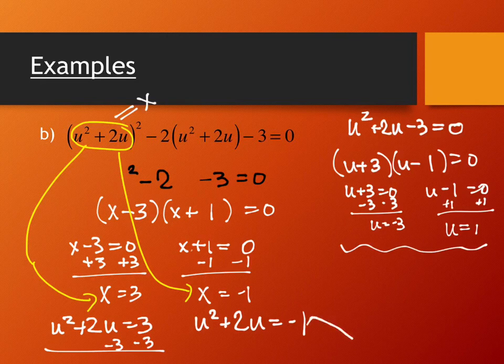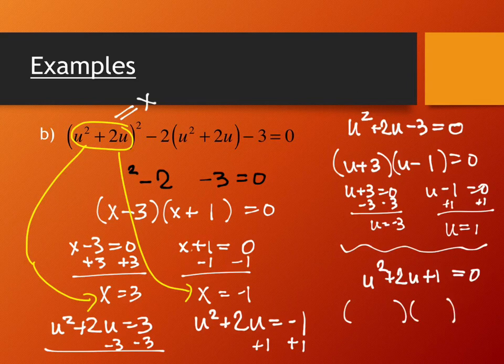The other one I have down here at the bottom, I'll add my 1 to both sides, but to the left in particular. I have u squared plus 2u plus 1 equals 0. And that also factors. How will that one factor?